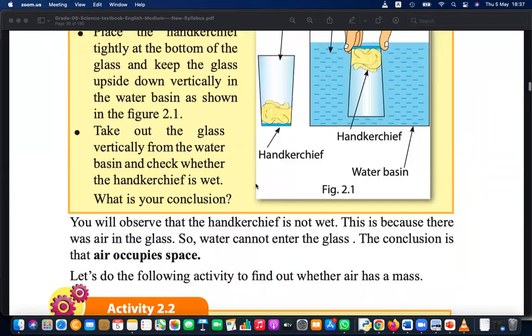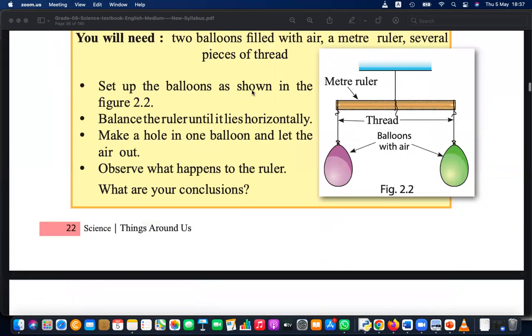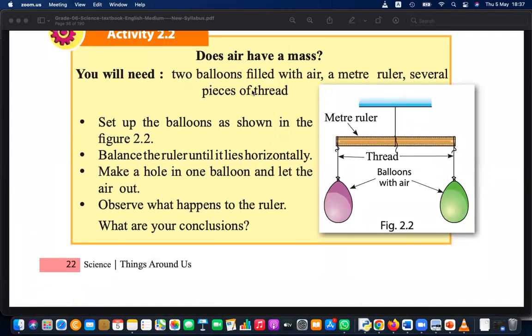The other experiment was the balloon experiment. You have to balance two balloons using a ruler. We learned about the balancing act, how it happens. Basically the weight, let's say weight W, and the distance D. So let's say W1, D1, and here the distance is D2 and this is W2.